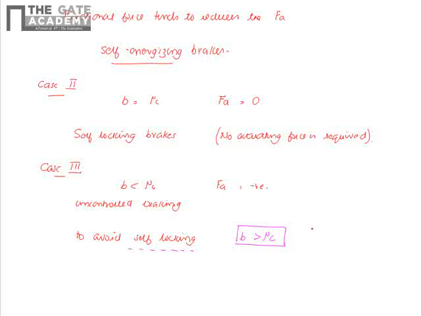These are partially self-energizing brakes. Partially self-energizing brakes are ones where the frictional force acting on the brake aids your actuating force, or tries to reduce the magnitude of the actuating force, but the actuating force will always be positive. Some actuating force will be required. So that is about the design and analysis of short shoe brakes.